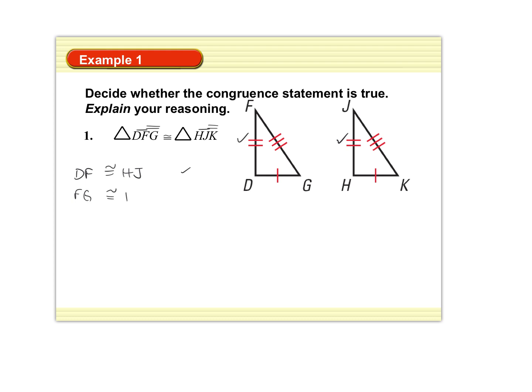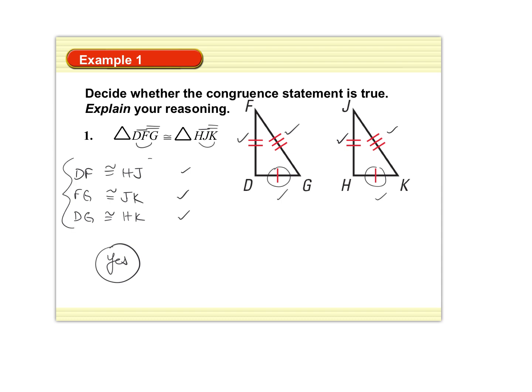FG is congruent to JK, and I come over to here. FG and JK are congruent to each other, so that works. And then the last one would be, for example, DG is congruent to HK, and I look at my drawing and I see DG and HK are congruent as well. And so this is a yes, the congruent statement is correct.